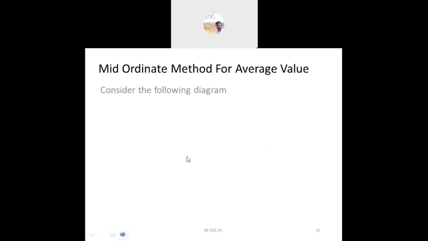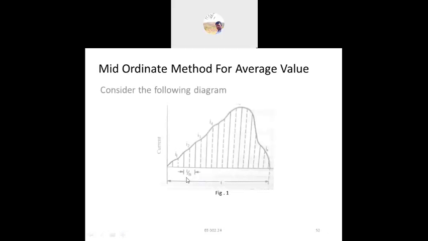Here different instantaneous values are there for the time period, along with the current. For instantaneous times, we have I1, I2, I3, I4, up to In, different values. Divide the time base into n equal intervals of time, so each time duration is T by n seconds.